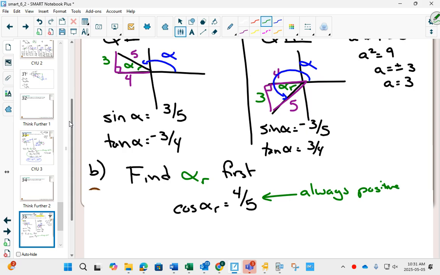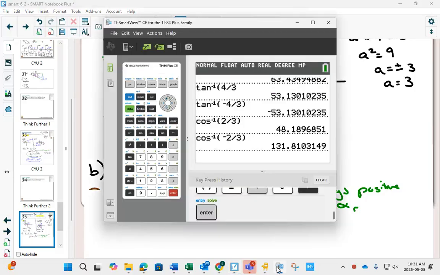Make that note over and over again. For a reference angle, you're using the actual triangle. You're going back to grade 10 math and saying, I have a triangle. For my reference angle, it is adjacent over hypotenuse. Those are both positive values because I'm dealing with my triangle. And here, I can now go cos inverse of 4 divided by 5.